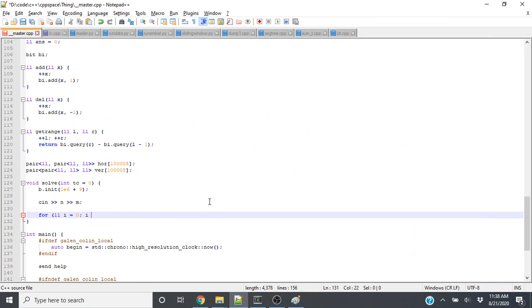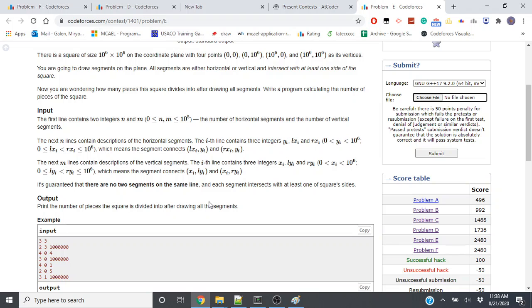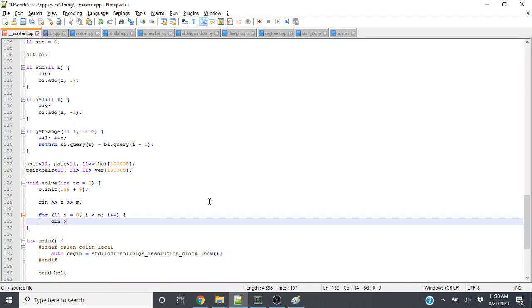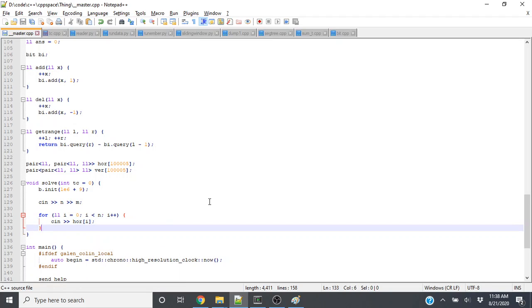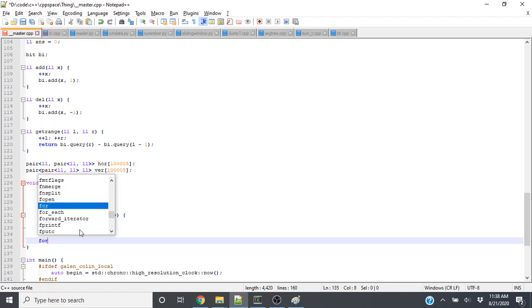for, okay, I'm gonna use this part of my template because it's already written. Basically, it just lets you read into a pair in the order that their things exist, so that's perfect.